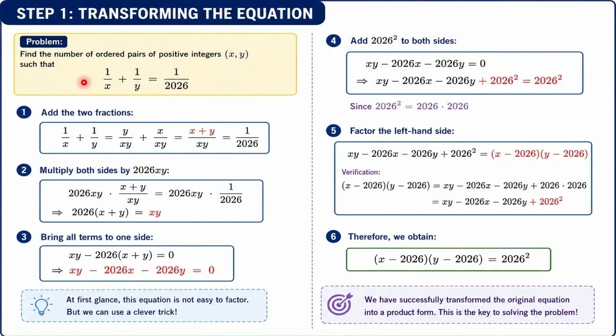Now let's look at the problem. Find the number of ordered pairs of positive integers x and y such that 1 over x plus 1 over y is equal to 1 over 2026. Take a moment and think about it.